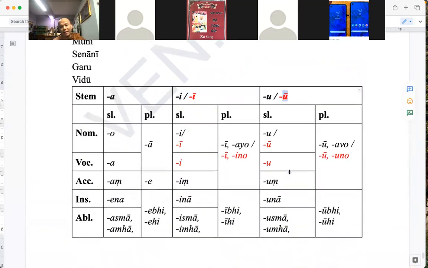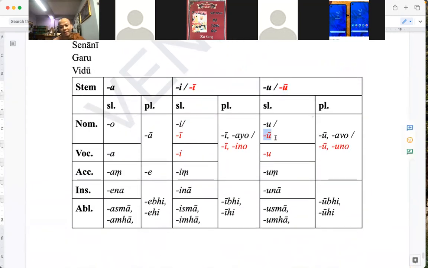And then now the last one, we do. We do no. Vocative, we do. The plural, we do no. Okay.